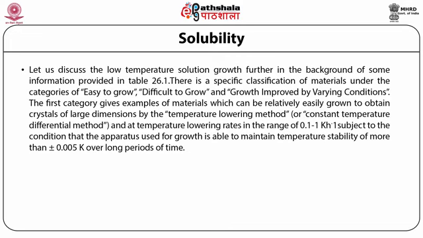The first category gives examples of materials which can be relatively easily grown to obtain crystals of large dimensions by temperature lowering method or constant temperature differential method, and at temperature lowering rates in the range of 0.1-1 K per hour, subject to the condition that the apparatus used for growth is able to maintain temperature stability of better than plus minus 0.005 K over long periods of time.